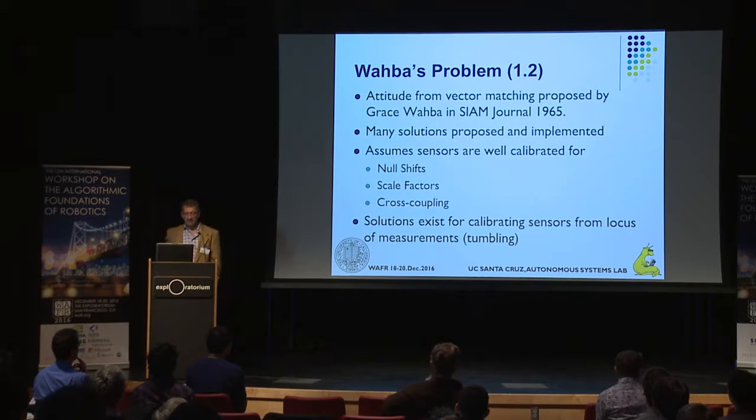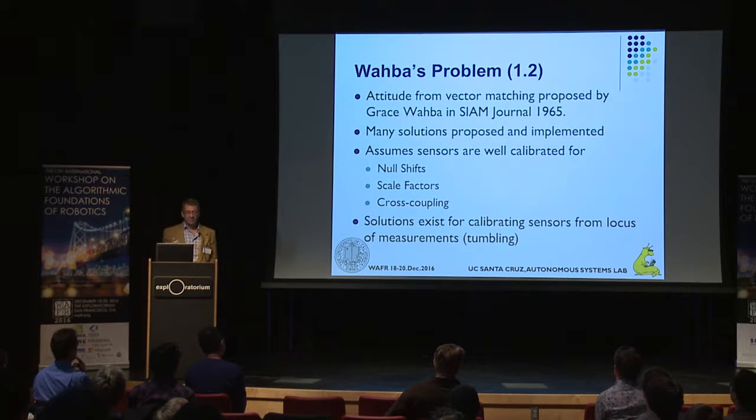That works, but it assumes that you have these two measurements, you know them in the body, you know what they're supposed to be in the inertial frame, and you can do it. And you can see that with one, you can rotate it in, but there's an ambiguity about the axis of the vector that you can never resolve. And so you need two, and they have to be non-collinear.